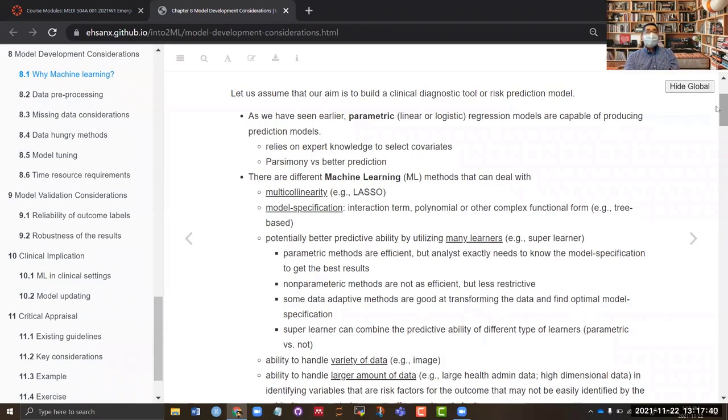So over time, as you can imagine, many different data points are accumulated in the large health administrative data, and these data points are basically recorded as ICD-9 and 10 codes, which are the standardized codes that are used all over the world.